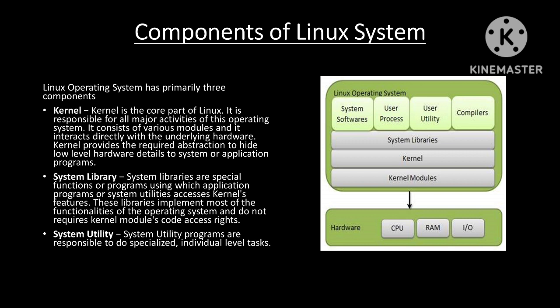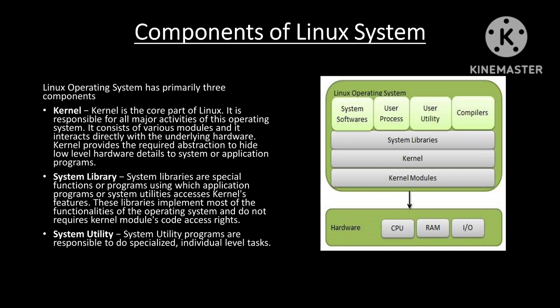These libraries implement most of the functionalities of the operating system and do not require kernel modules' code access rights. So to access the system library, we normally don't need kernel permission.